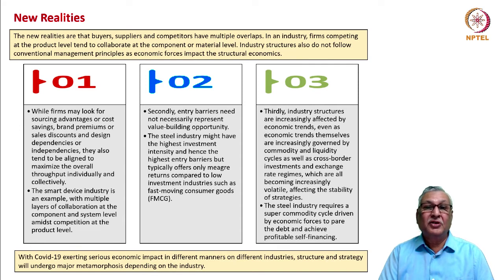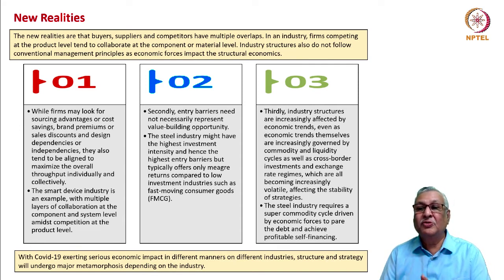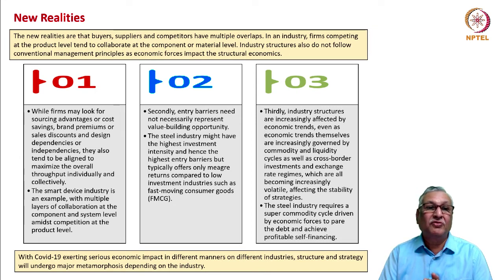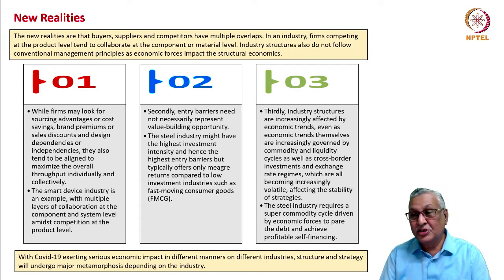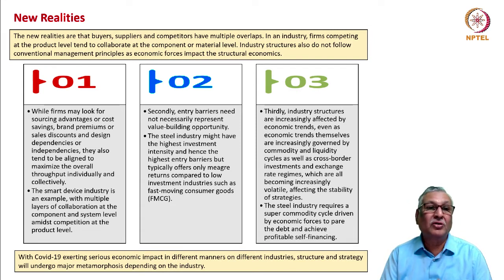The new realities, therefore, are that buyers, suppliers, and competitors have multiple overlaps. In an industry, firms competing at the product level tend to collaborate at the component or material level. Industrial structures also do not follow conventional management principles, as economic forces impact the structural economics. So, there are three factors we can consider.